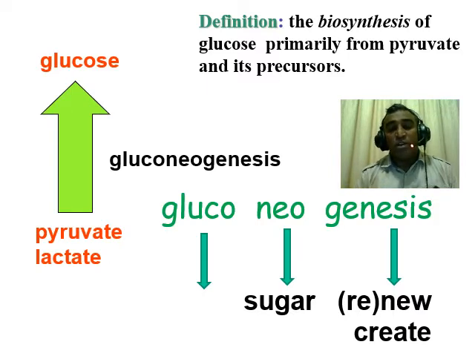However, you have to pay attention that there is compartmentalization, where the process of gluconeogenesis happens in the liver as well as kidney, while glycolysis happens in myocyte cells and also other cells, as well as even in liver and kidney.